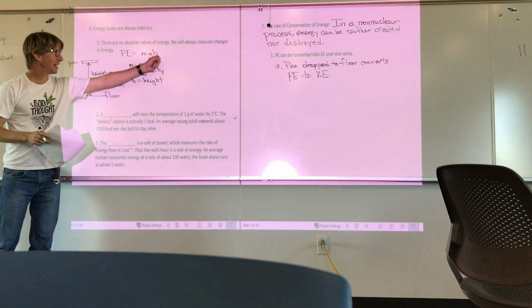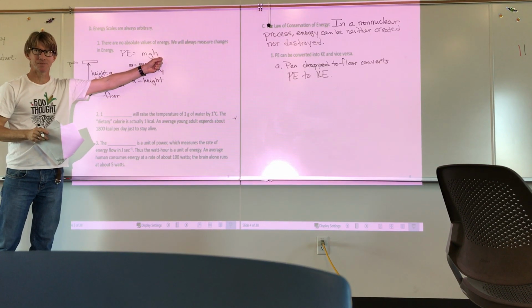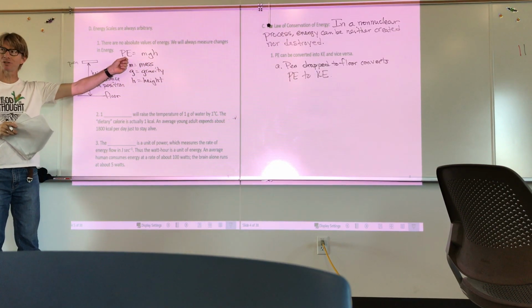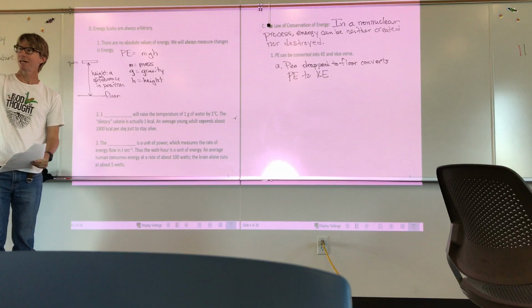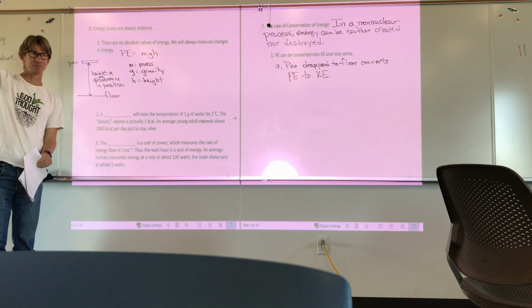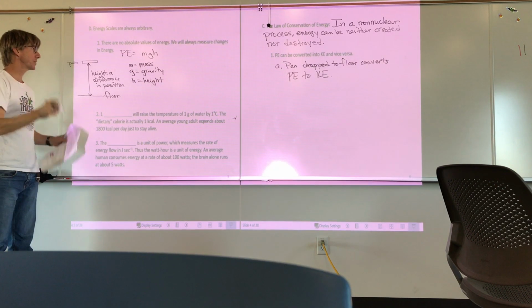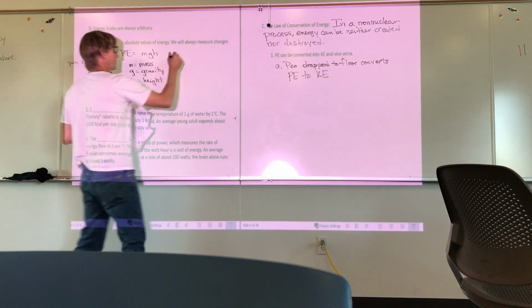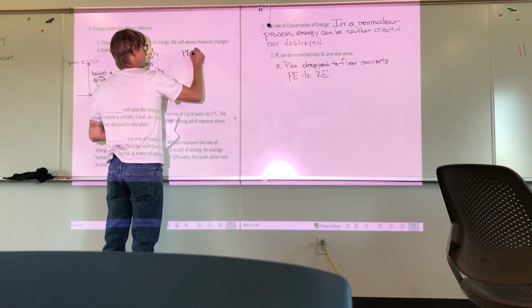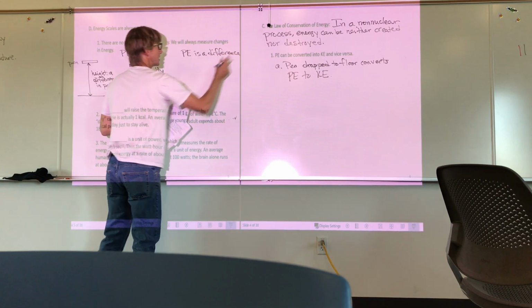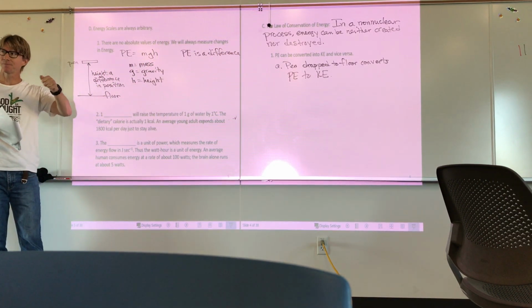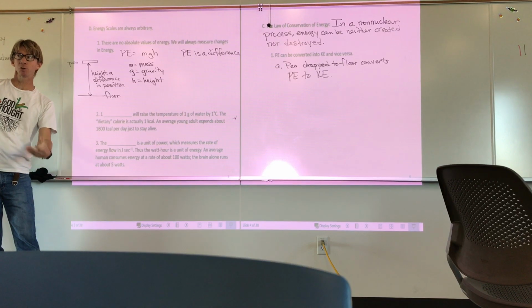And so if height is a difference in position, then potential energy is really a difference in energy between if the pen was on the ground and if the pen was right here. So PE is a difference in the energy of the two positions.